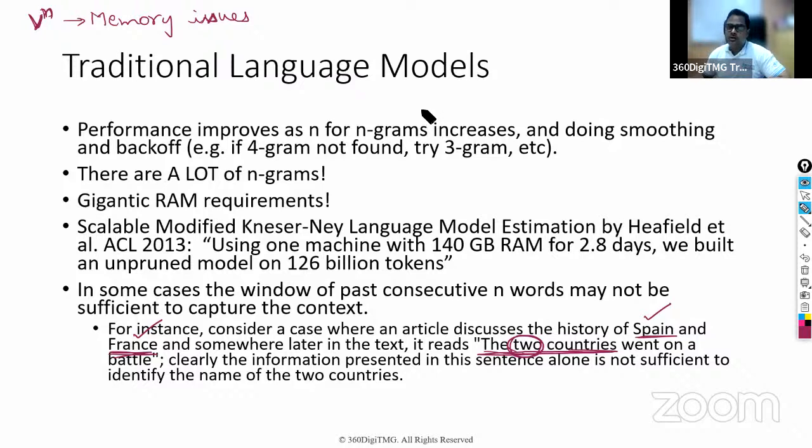But traditional language models have no functionality to capture the information and save in memory. So that means you cannot store in memory. Memory storage of past words.